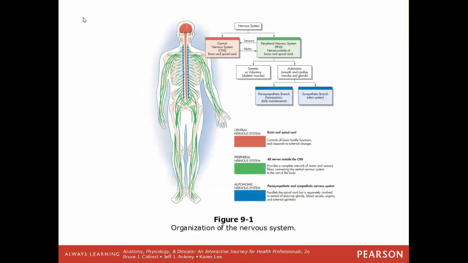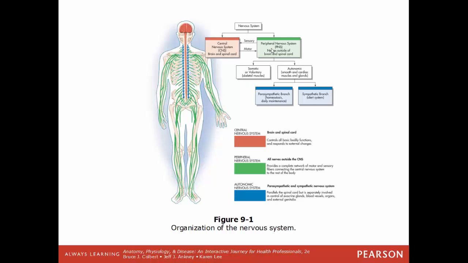Alright, so here's an overall flowchart of all the branches. Of course, up here you have the nervous system in general. The two major divisions: the central nervous system, which is the brain and spinal cord, which are the structures in this red color. And also the peripheral nervous system, the PNS, which is all the nerves that branch off of the cord and off of the brain. That's all the structures in this green color.